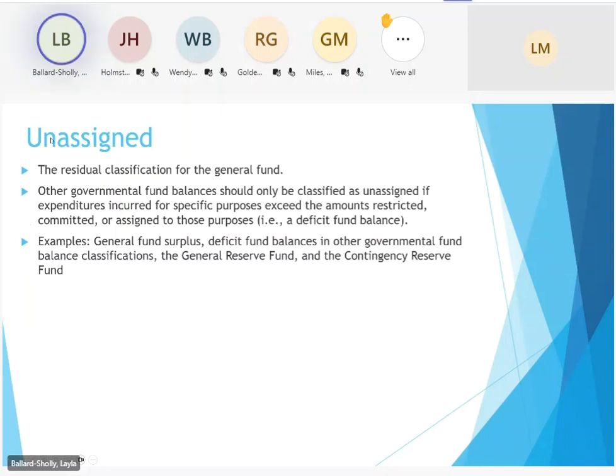So if it's negative, then it goes in this category, but otherwise those other fund balances should not be unassigned. Examples of unassigned: basically what I just said, the general fund surplus, those deficit fund balances in the other governmental fund classifications, the general reserve fund, and the contingency reserve fund, which the treasurer's office would be the only agency dealing with.